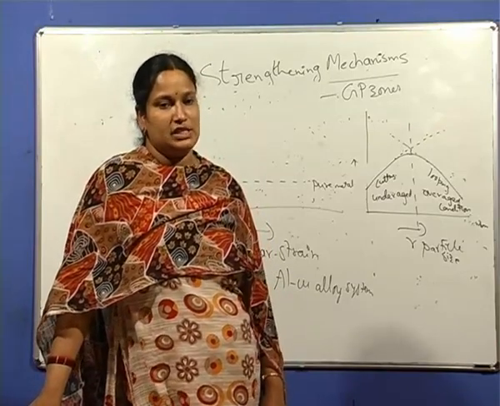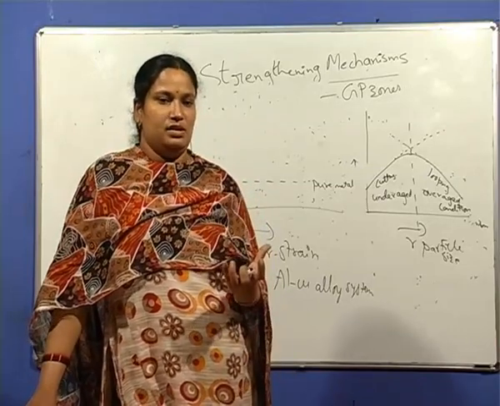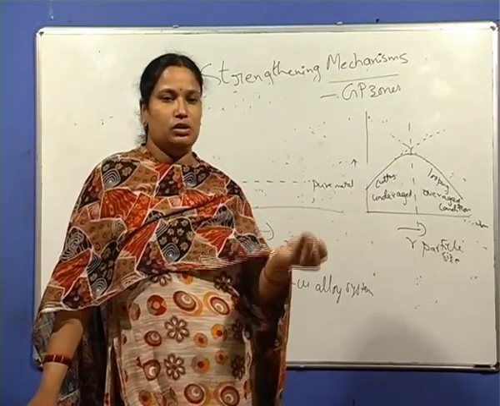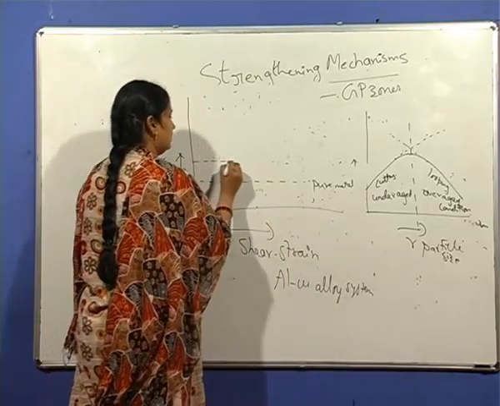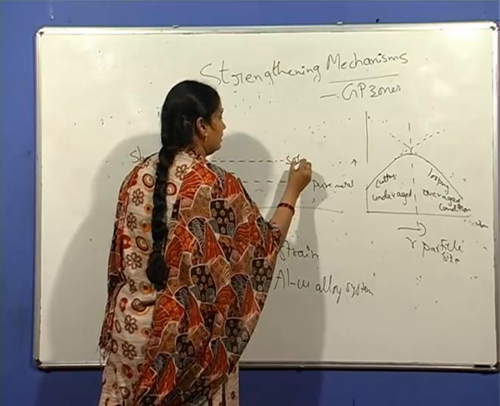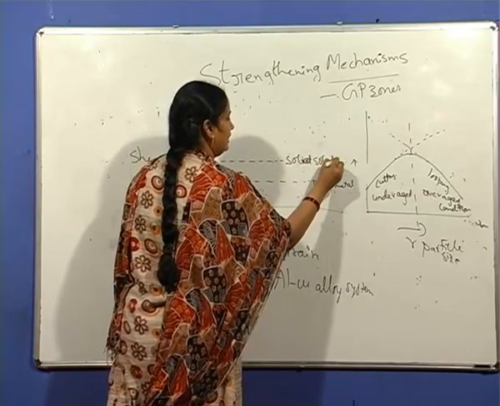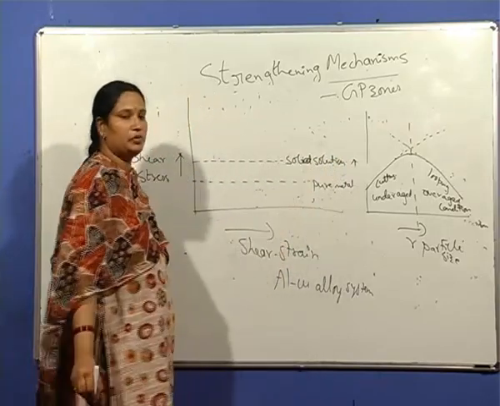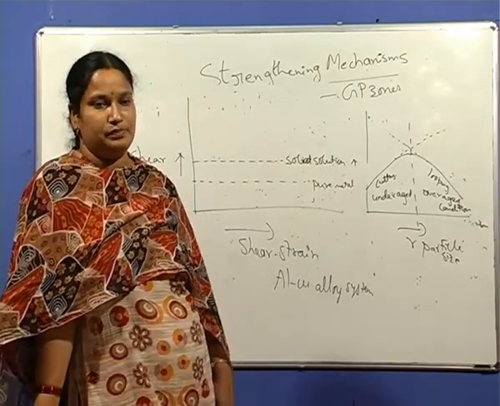then for the case of solid solution, when the alloy is solutionized, all the solute goes into the solid solution. It has higher yield stress than that of pure metal because of the lattice strains caused by the solute atoms.